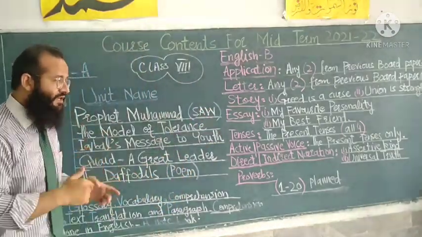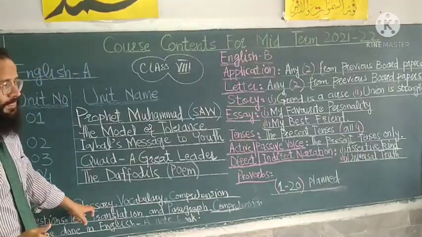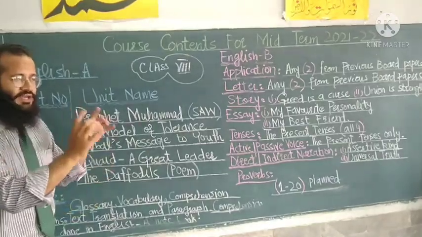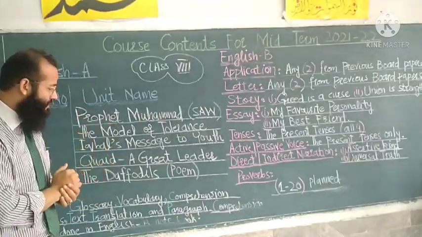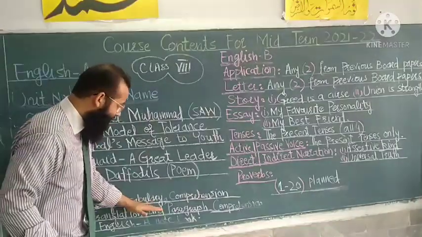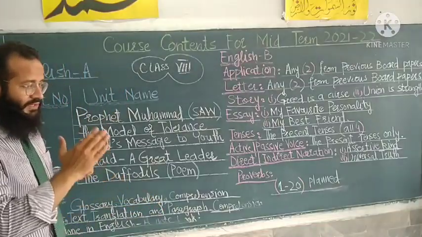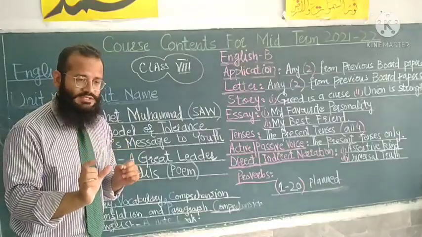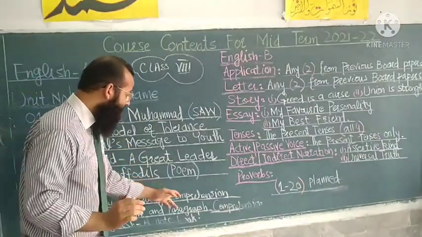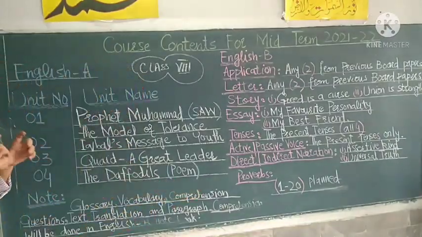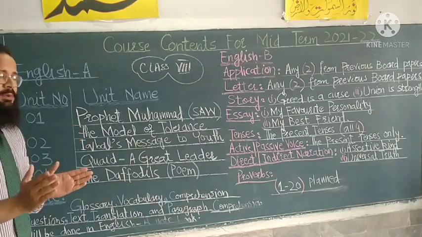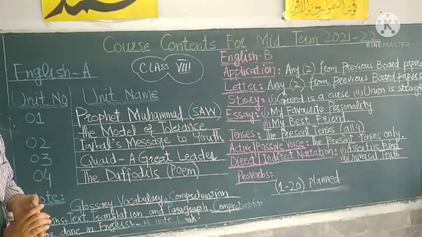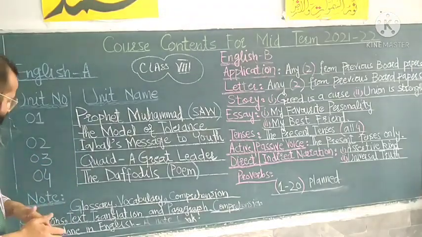After that, we will start the glossary, and whatever is mentioned there, we will discuss each and every word of a particular unit. Then we will discuss vocabulary, the difficult words and their meanings. Then we will have comprehension questions, then a paragraph with some questions, and we will discuss all those properly.